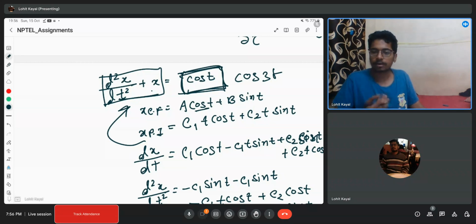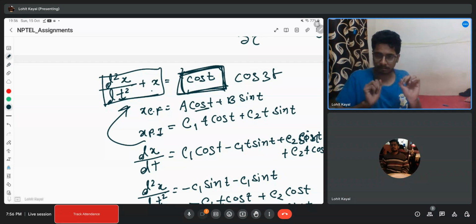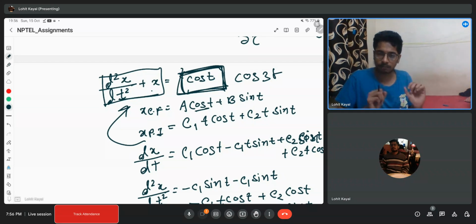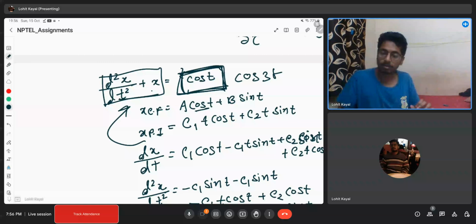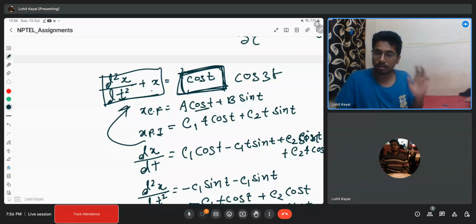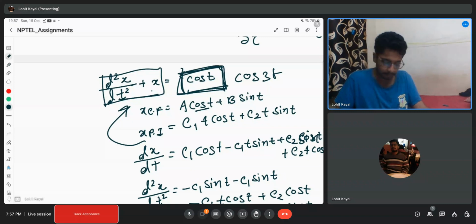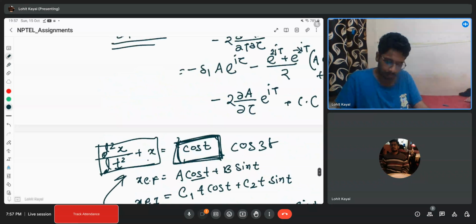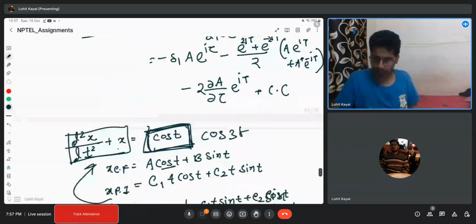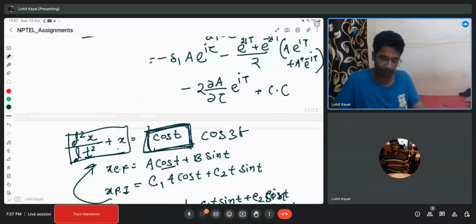In physics this is called resonance, because this is just like the forcing. If your original frequency is the same as this, then the solution will grow in time. That is an unphysical situation, because we don't need a solution like that.